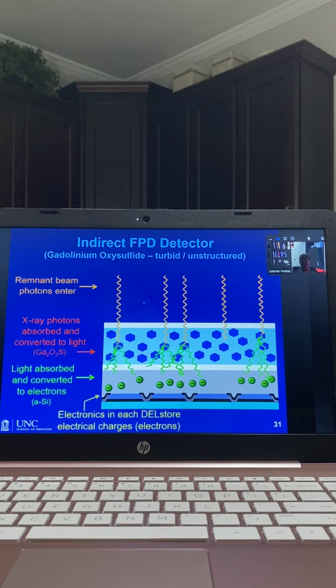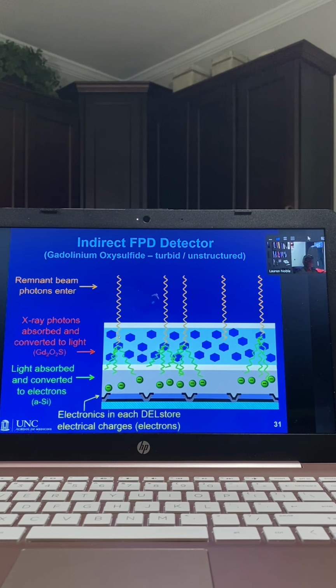Basically, the majority of crystals all look alike for the most part. But cesium iodide is different. It actually is manufactured to look like a needle, a column. And there were reasons why that was done, and that's something we don't have to go into anymore. But anyway, this is what gadolinium oxysulfide looks like. But it serves the same purpose.